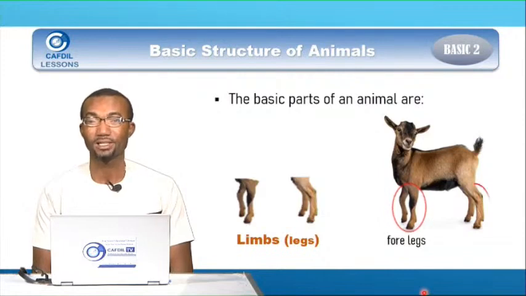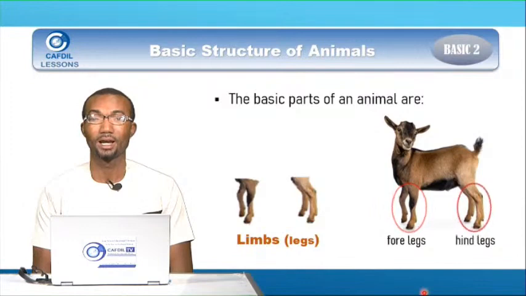And the two legs at the back are called hind legs. Hind legs. So animals with four legs: two in front are called forelegs, and two at the back are called hind legs.